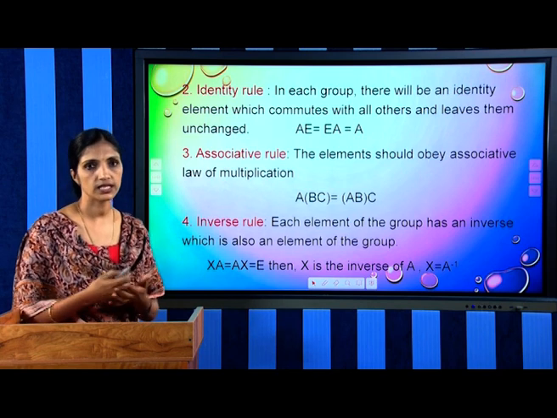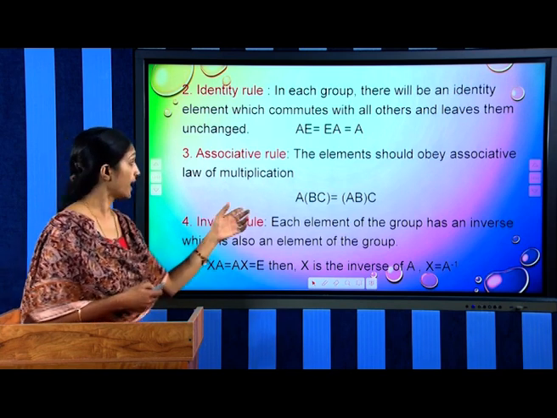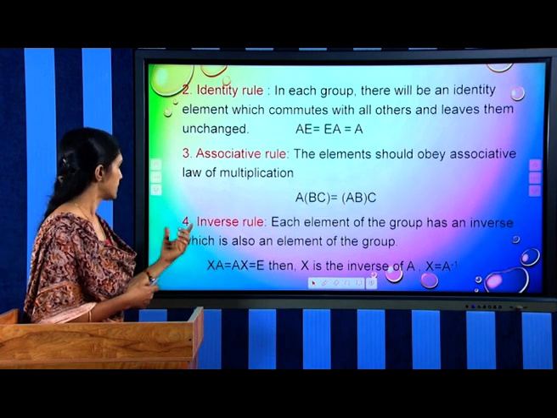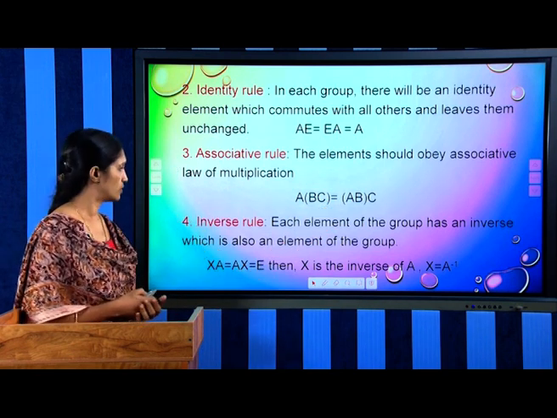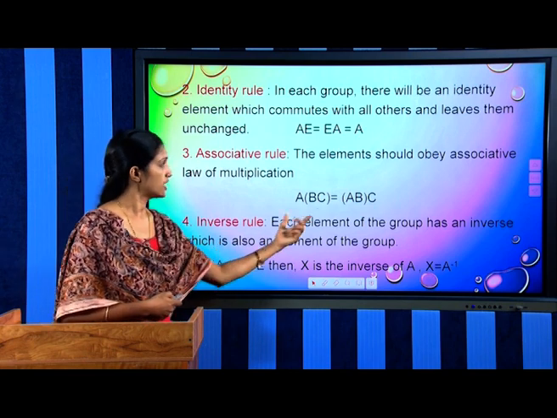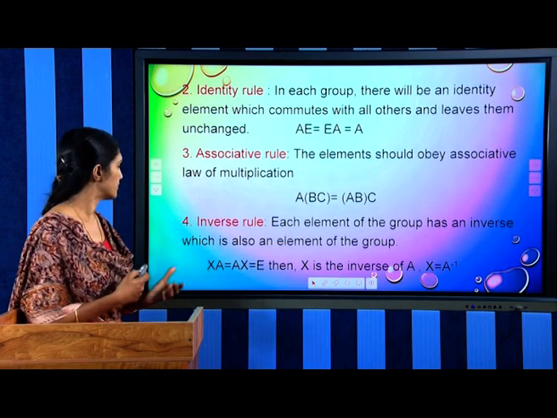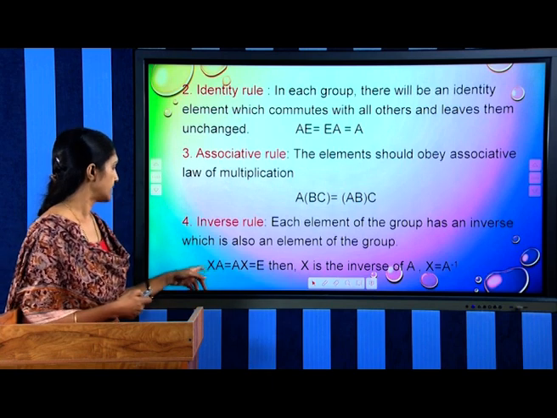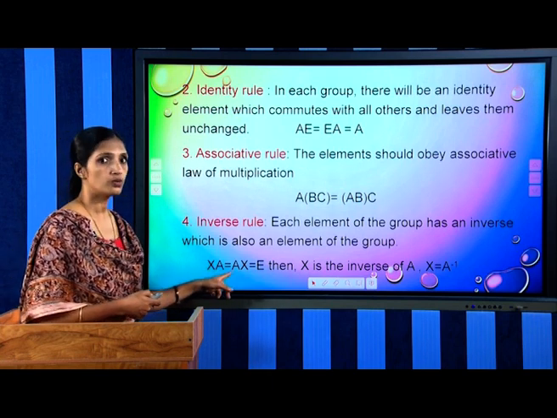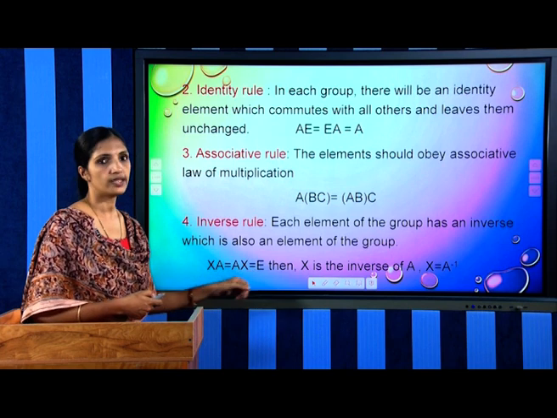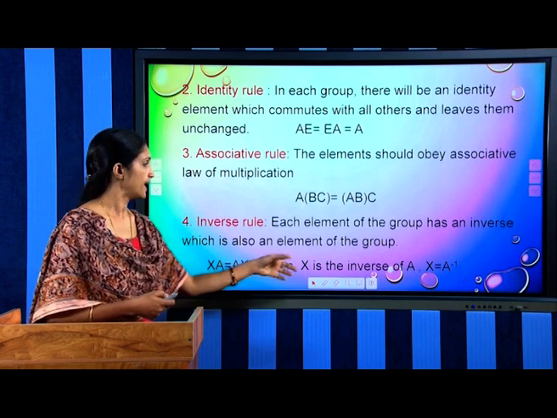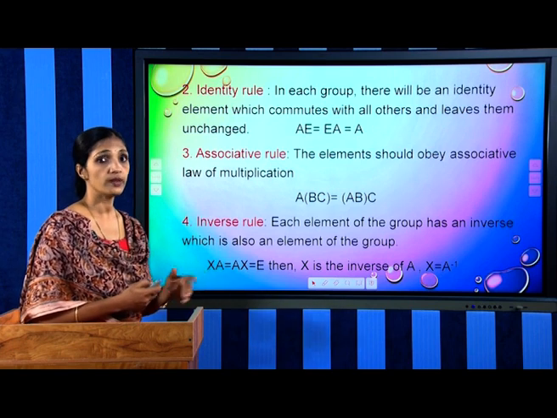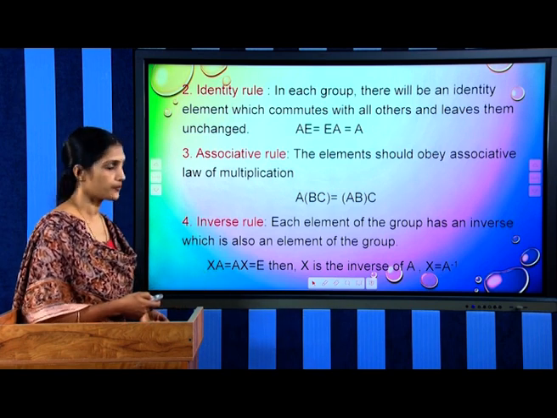What is the associative law? A into BC is equal to AB into C, right. And the fourth one is the inverse rule. Each element of the group has an inverse which is also an element of the group, such that x into A is equal to A into x equal to E. Then x is the inverse of A, x is equal to A inverse. Clear?